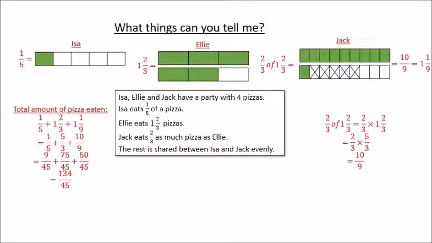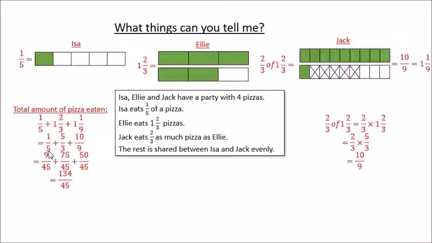Now, the lowest common denominator of 5, 3 and 9 ends up being 45. So if I find the equivalent fraction for all of these where the denominator is 45, I can then add them up. And whenever we add up fractions, we need to find a common denominator. Same with subtracting. Bear in mind that with multiplying and dividing, we do not need to find a common denominator, although it can be helpful at times if you know what you're doing.